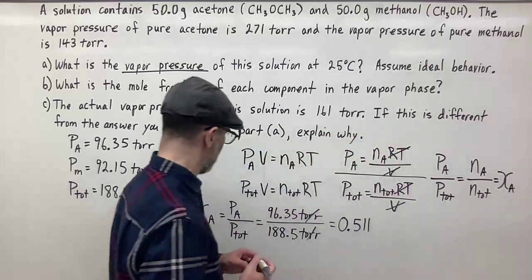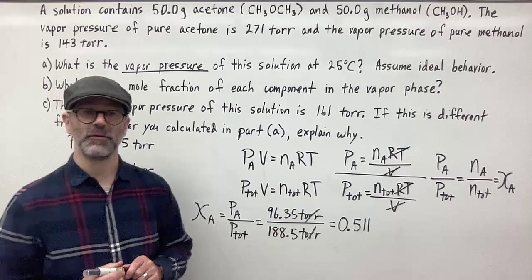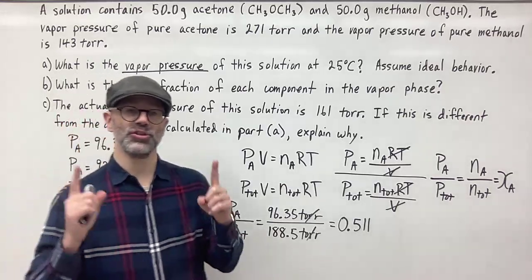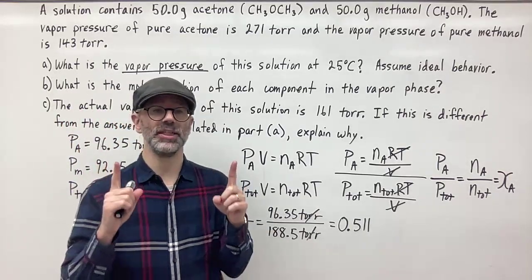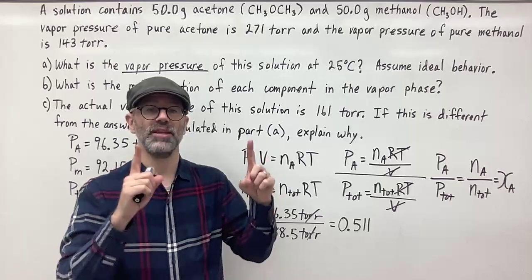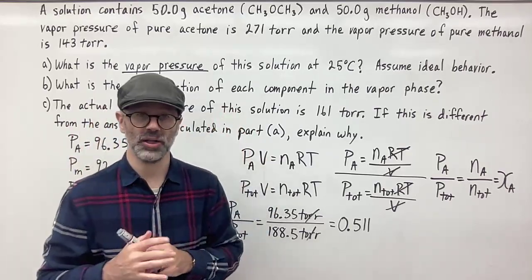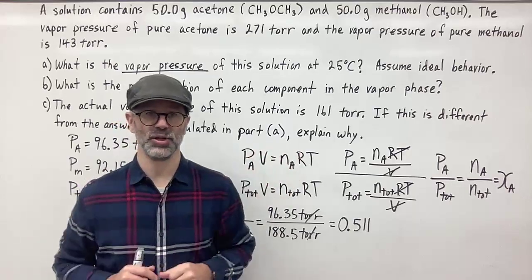And then to get the mole fraction of the methanol in the vapor phase, since those are the only two substances we're dealing with, all of the mole fractions added together equal 1.